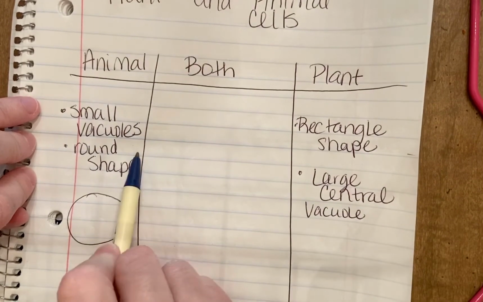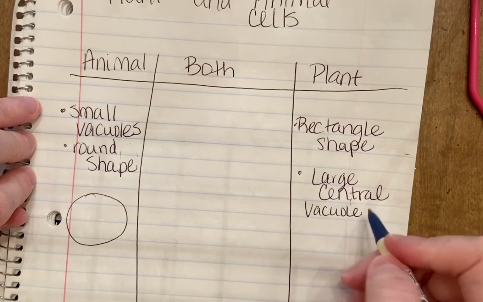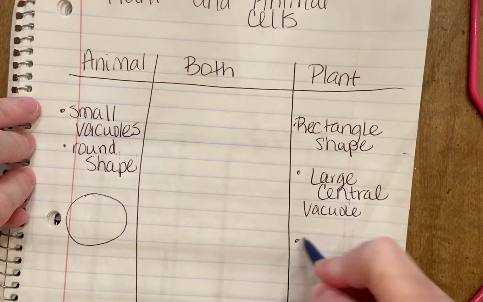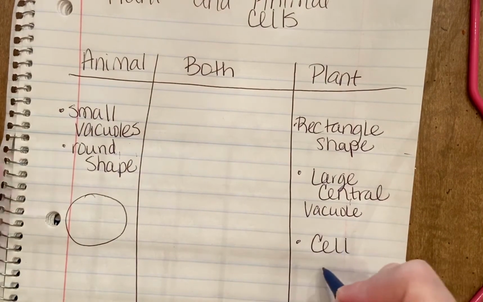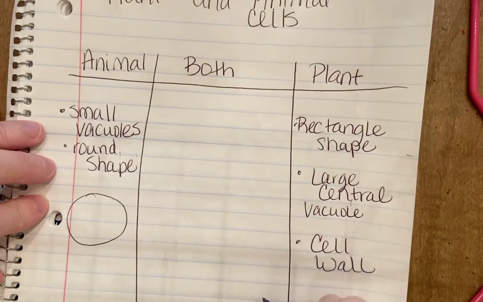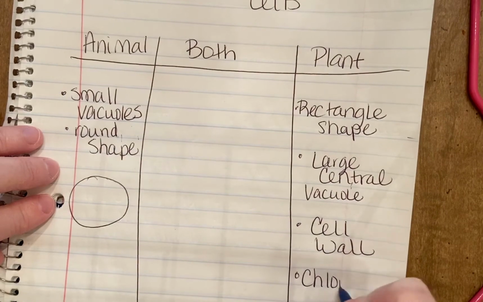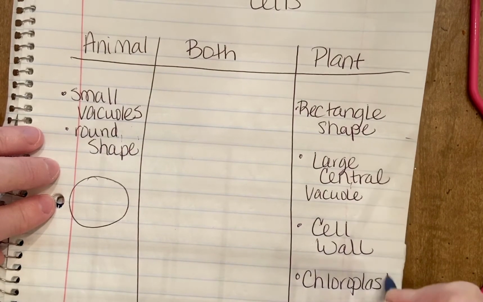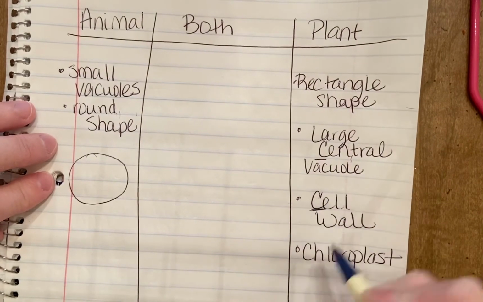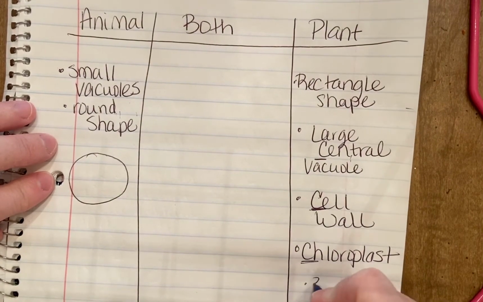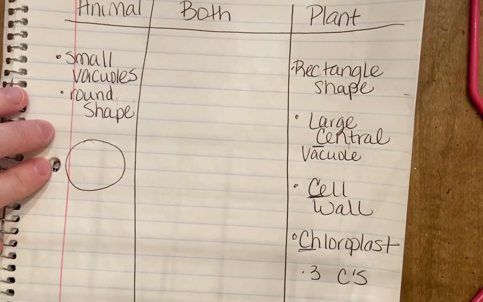Animal cells have many vacuoles, and plant cells have one large central vacuole. Plant cells have a cell wall. Plant cells have a chloroplast. This is where the site of photosynthesis occurs, and I like to call these the 3 C's.